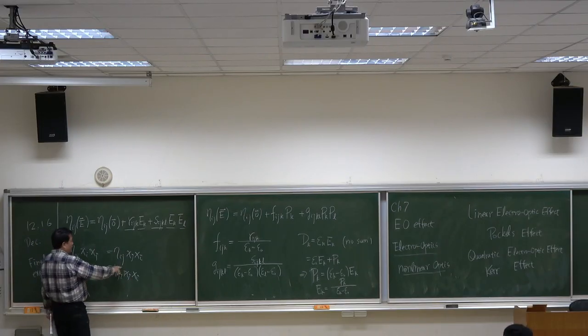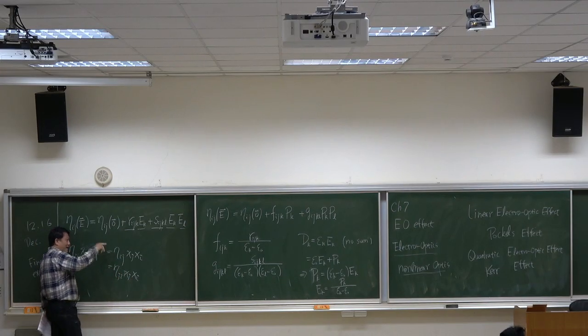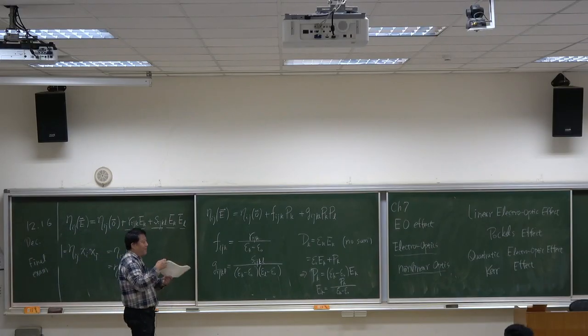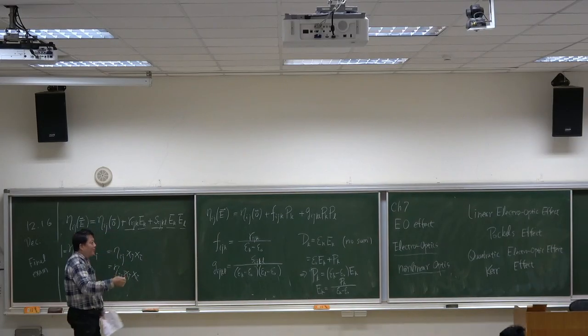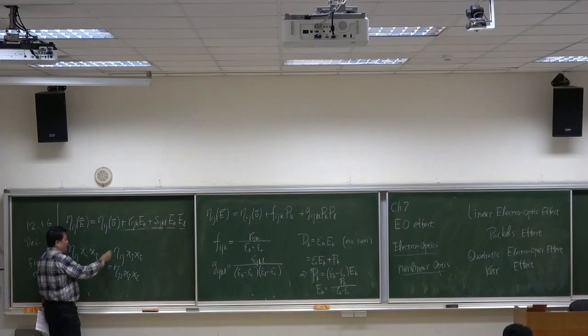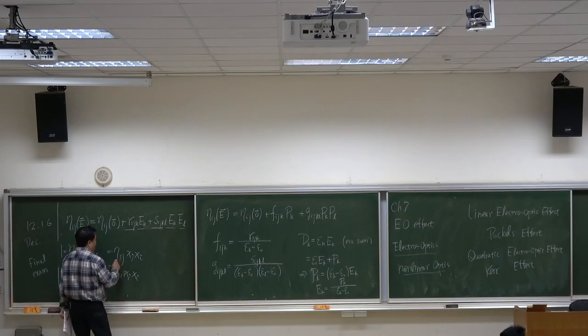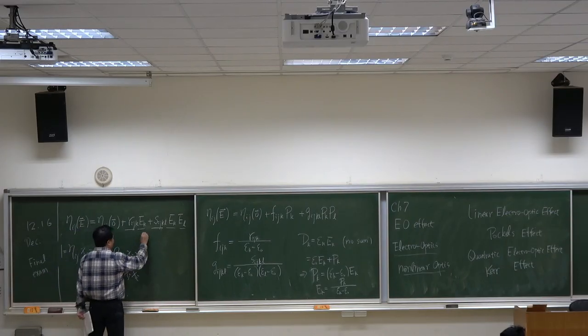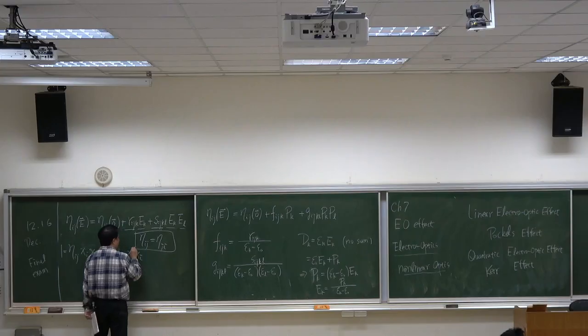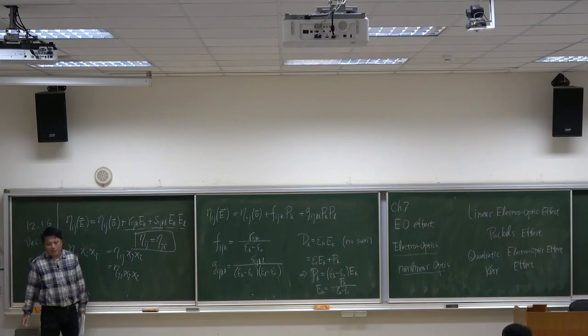Okay, because i and j are dummy indices. Dummy means that you sum over all possible components. So we can conclude from this expression that eta ij can be chosen to be eta ji. Eta ij is equal to eta ji.